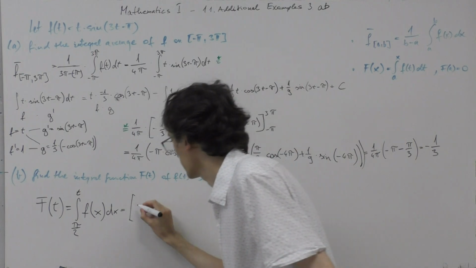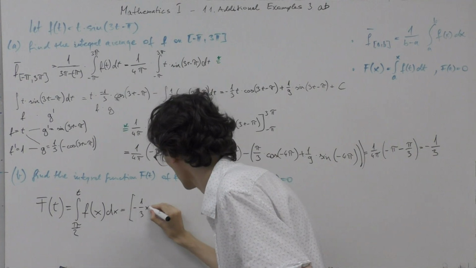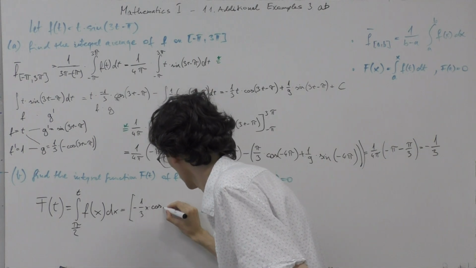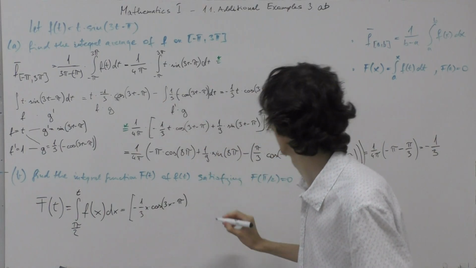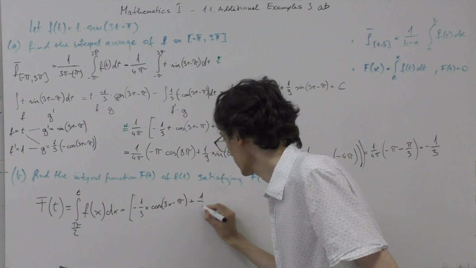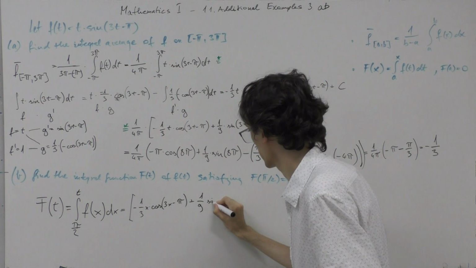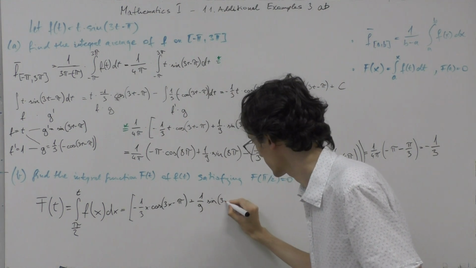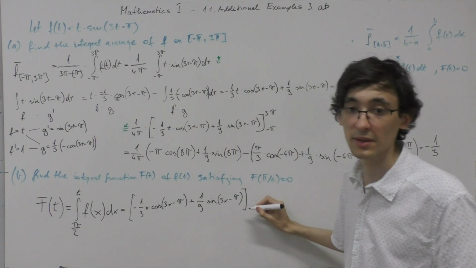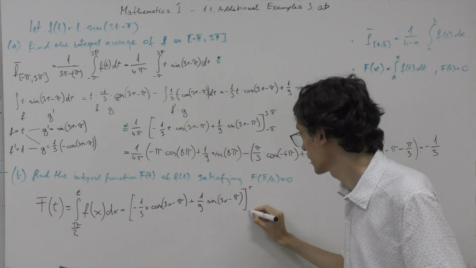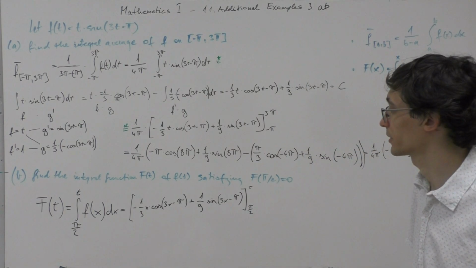So let's just take the primitive function negative 1 over 3 x times cosine of 3x minus pi plus 1 over 9 times the sine of 3x minus pi evaluated at points t and pi half, and of course taking their difference.